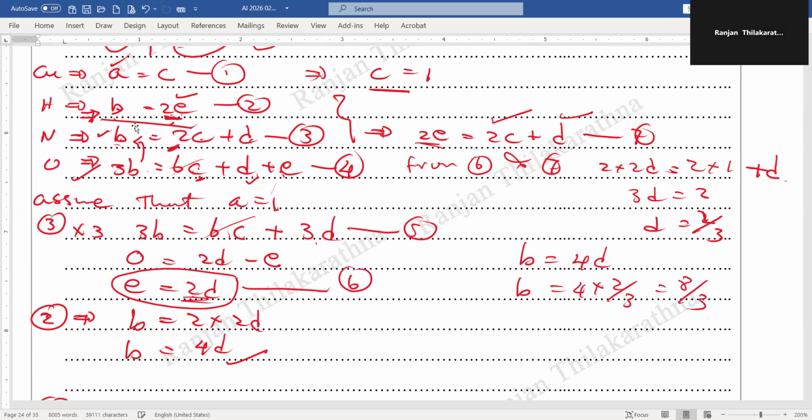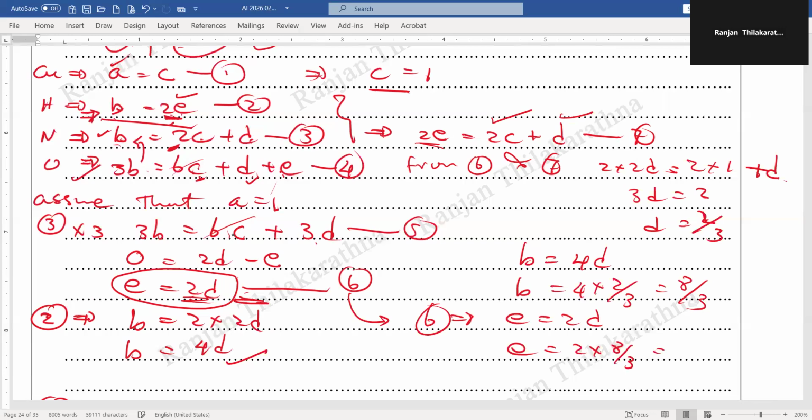B equal 8 by 3. Then we know A, B, C, D. Now only unknown is E. For that you can get the sixth equation. The sixth equation will give E equals 2D.